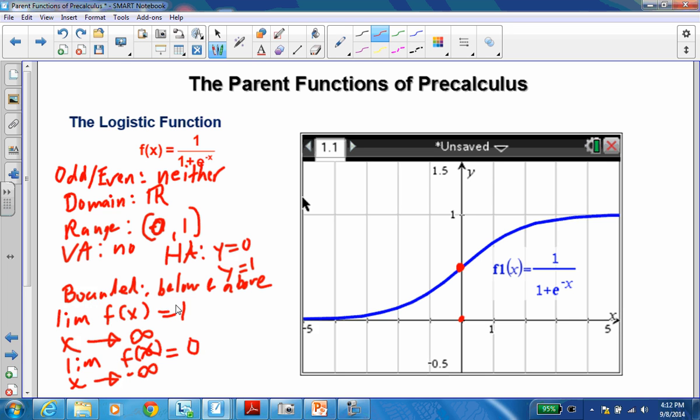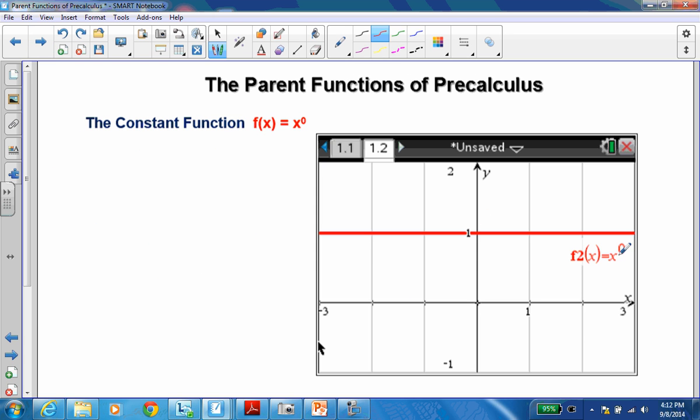Now your hand is tired out, right? Imagine my hand. I've been doing this all day. Okay. But anyway, that's going to be our 12 basic ones.